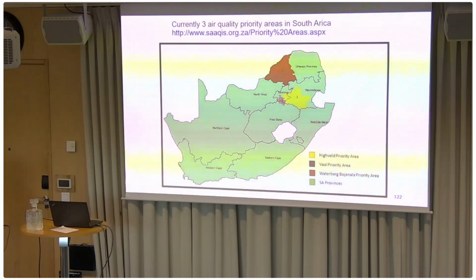It spans 2 provinces, and that also makes it difficult to control, to mitigate and to bring down the levels, because the act is spread across 2 different provinces. Provinces may say, your part is not in my province, my part is not in your province, so it's not my obligation to bring down the air pollution levels. So on a legal basis, it makes it very difficult. Then there are 2 other air pollution priority areas.